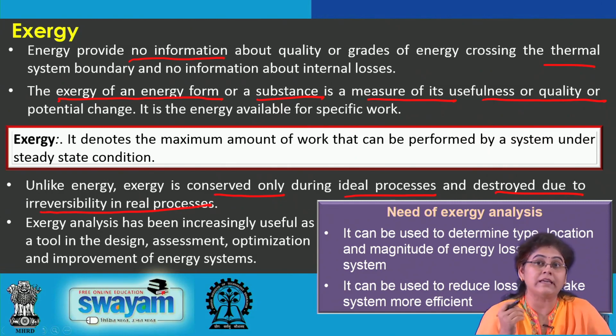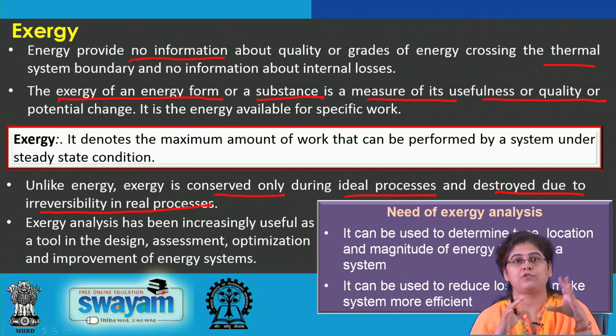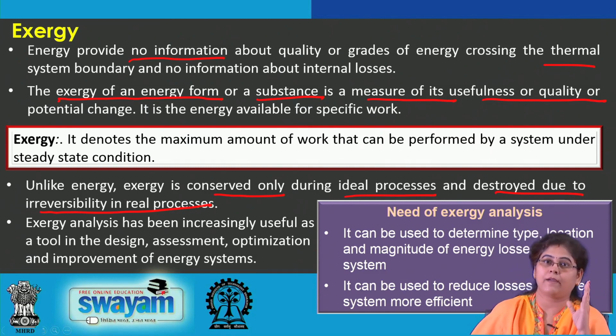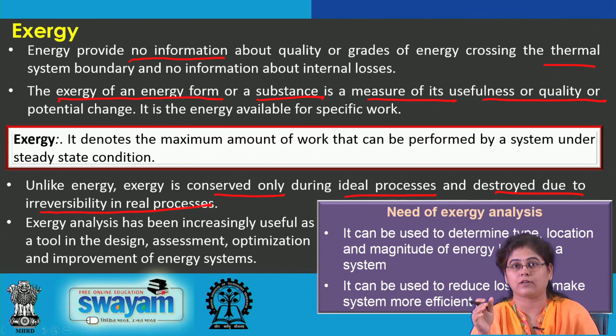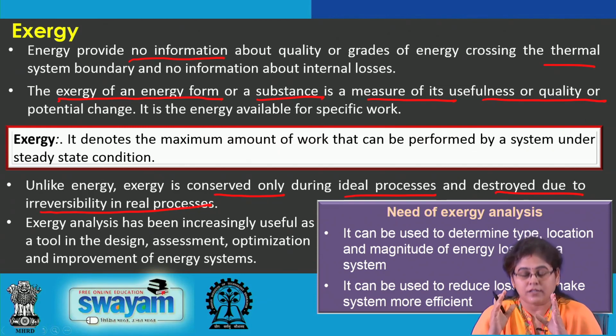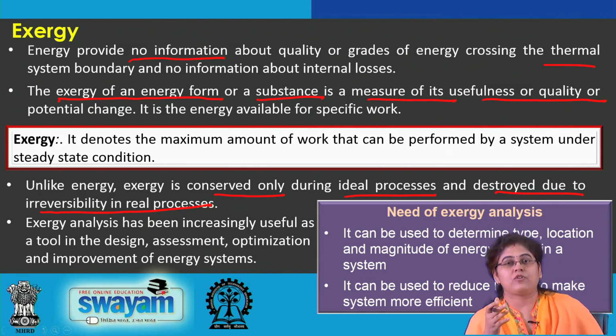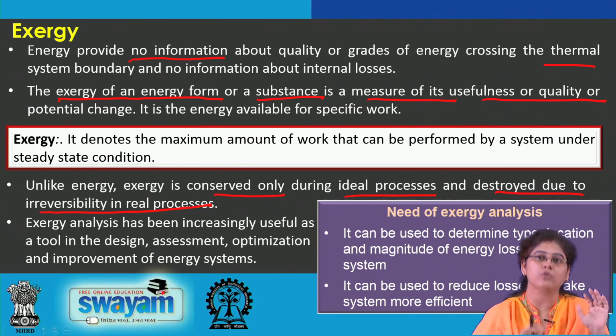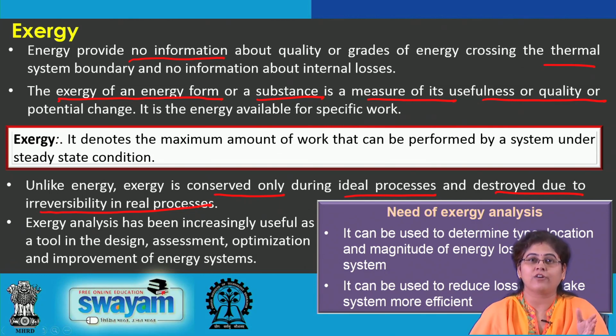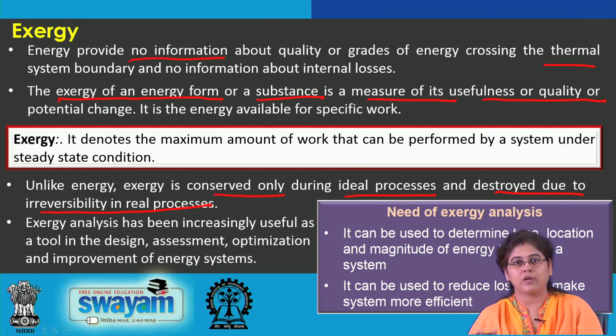What does irreversibility mean? For example, suppose heat transfer is taking place from a body having higher temperature to a body having lower temperature. Here it was observed that the temperature of the destination, the body where heat is being transferred, is not the same as that of the source, because there is some amount of heat loss or energy loss during the conversion from a higher temperature to a lower temperature.